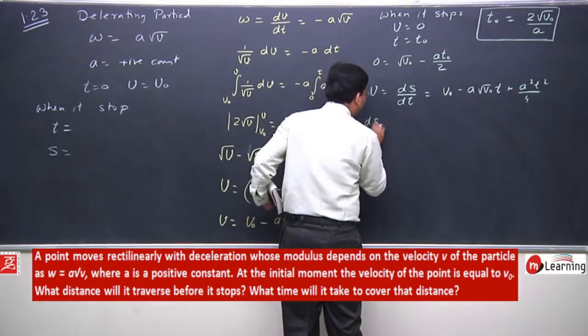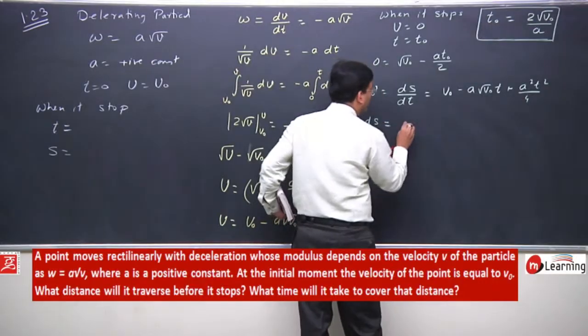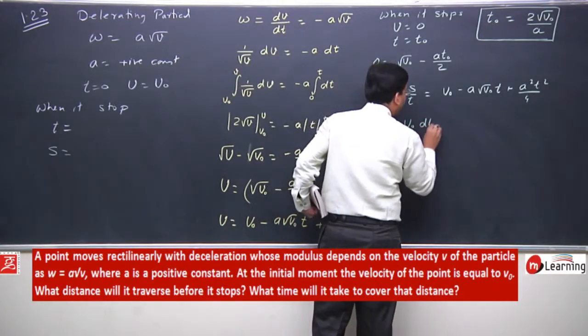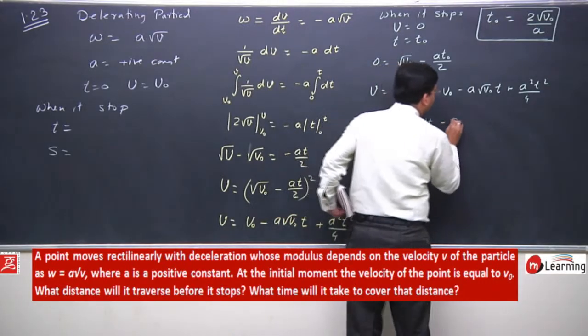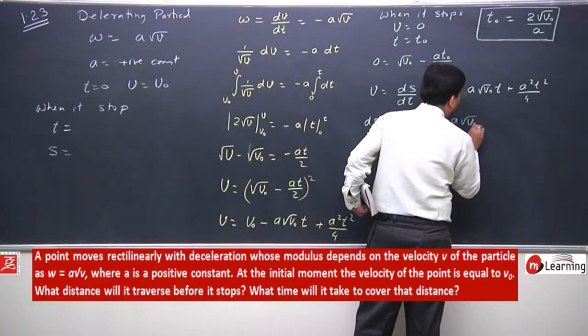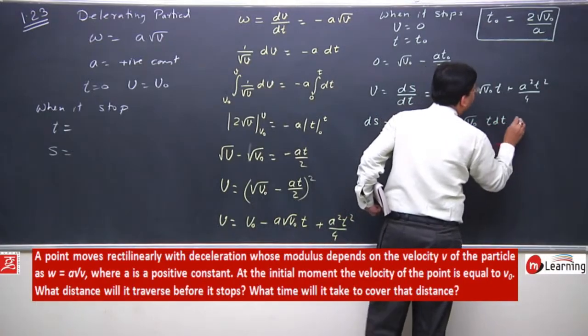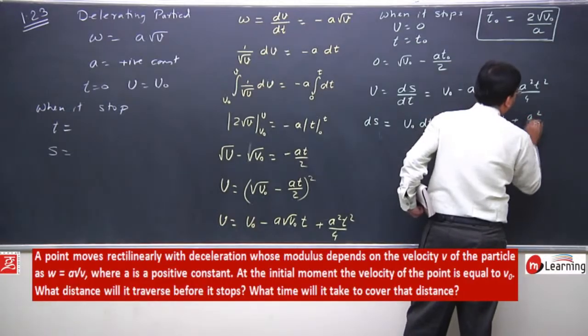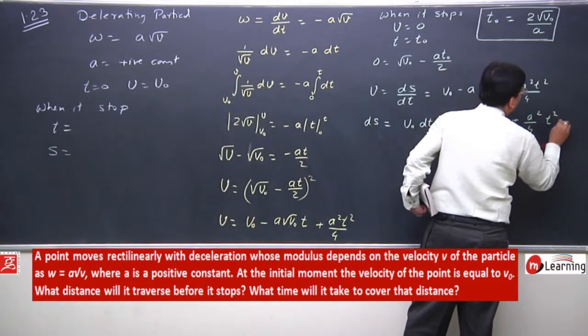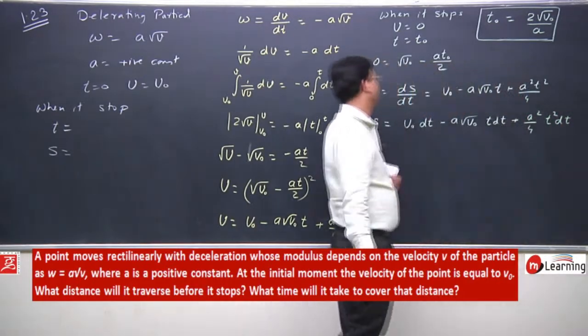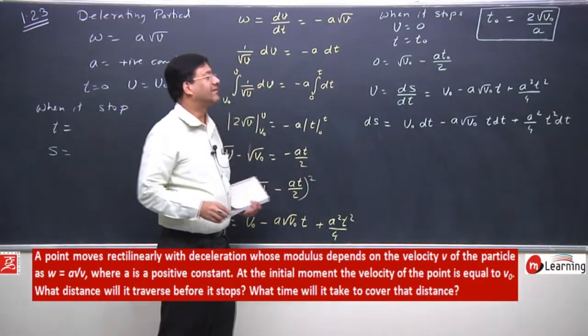I rearrange this differential equation: ds equal to v naught dt minus a root of v naught t dt plus a square by 4 t square dt. I integrate it on both the sides.